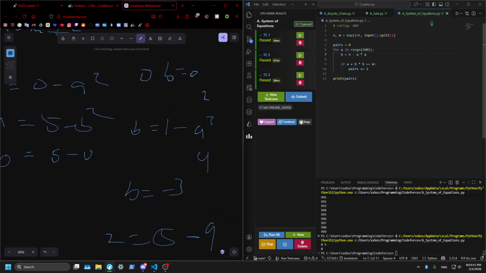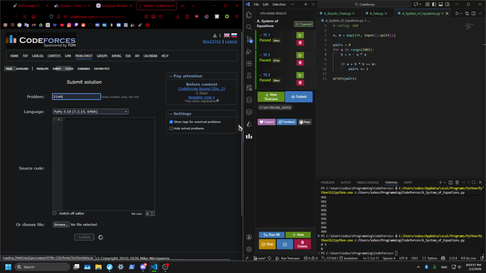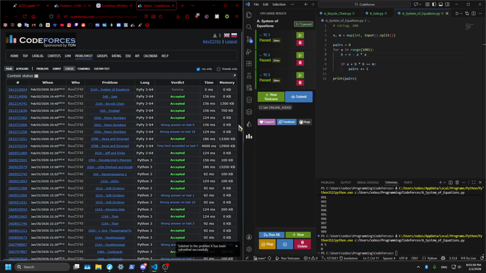Iterate. Okay, well, we can just try it and see what we get. I think this should be right. I feel like I'm missing an edge case.